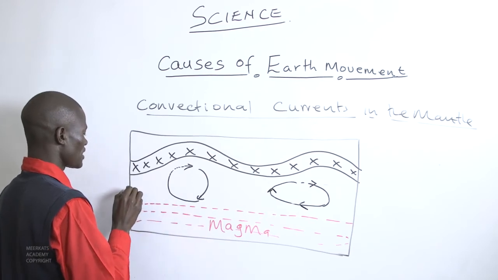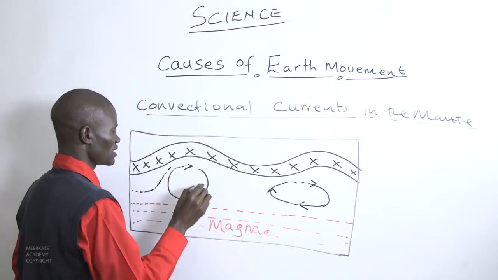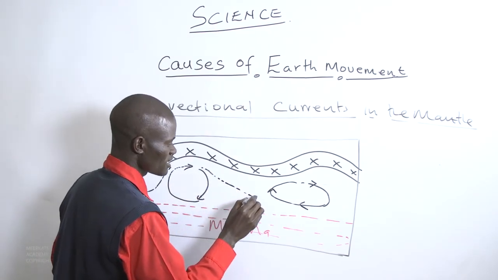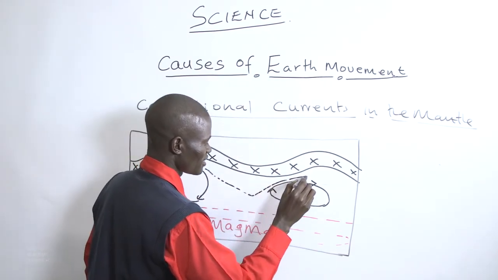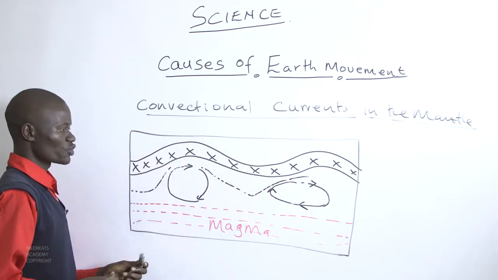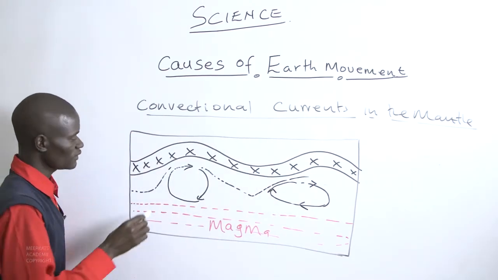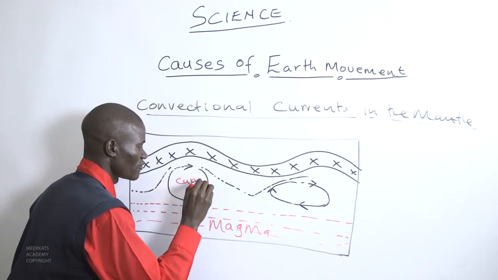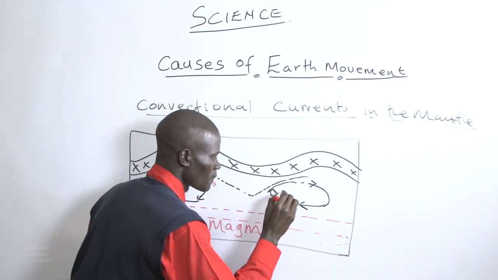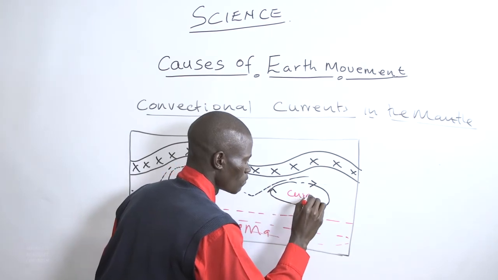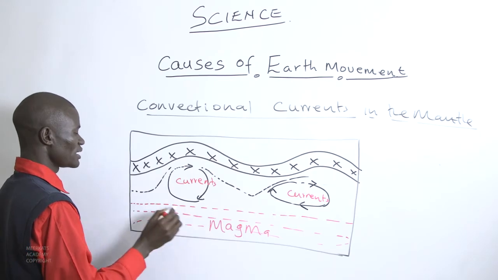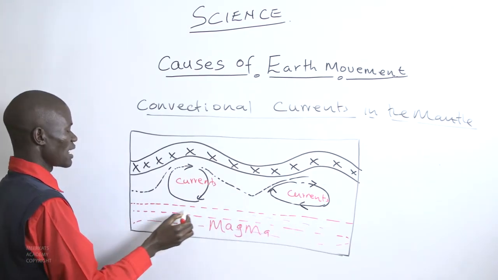Therefore, some currents have been generated, and in the process, they are going to cause, this is the current. We call it the convectional currents. The convectional currents are trying to be generated from the magma.